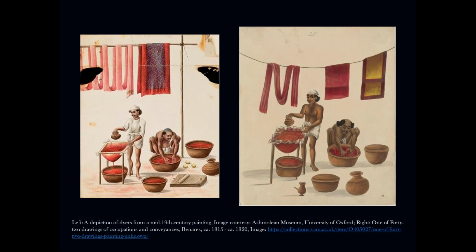And then we also have another person involved in dyeing fabric right beside the person who is sieving the color. In this case we see a similar kind of setup again, but instead of a bamboo bar connected to the poles, there is a string or a thread for hanging these dyed fabrics.